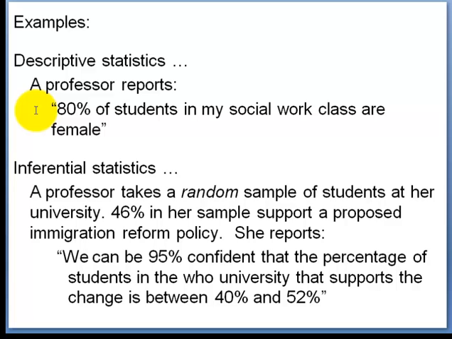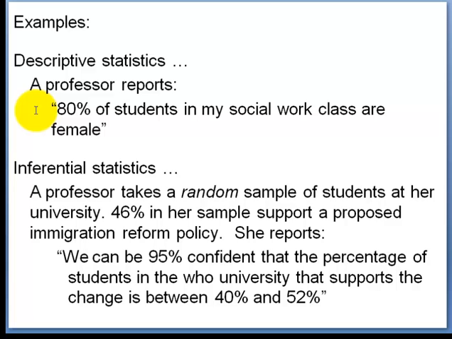Now, inferential statistics, and an exception will be presented in the middle of the course, but for now, inferential statistics require that the sample be a random sample. So if a sample is not a random sample, then inferential statistics is not a valid process.